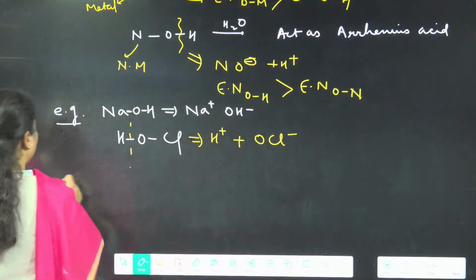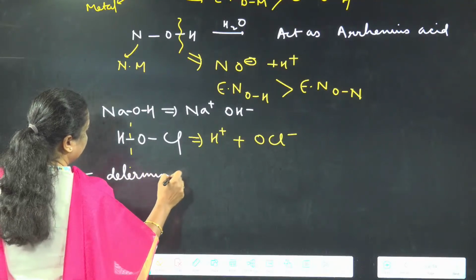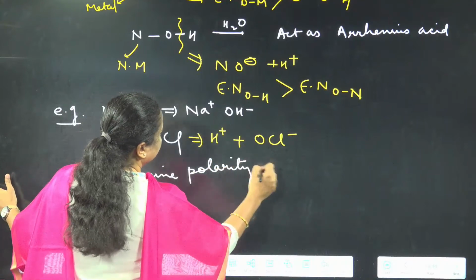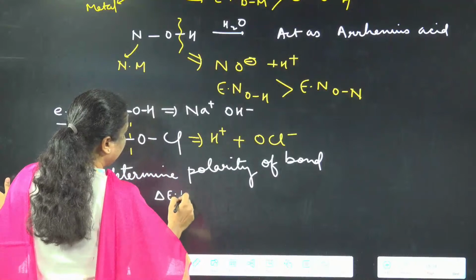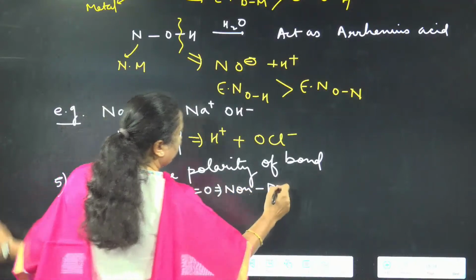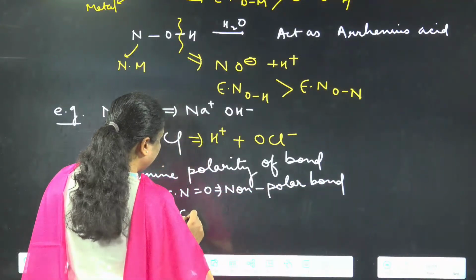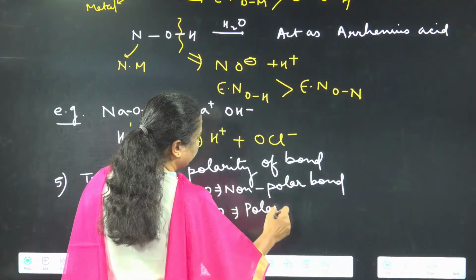There is one more I would like to write down: to determine polarity of bond. If delta EN is 0, then you have a non-polar bond, and if delta EN is not equal to 0, you have a polar bond.